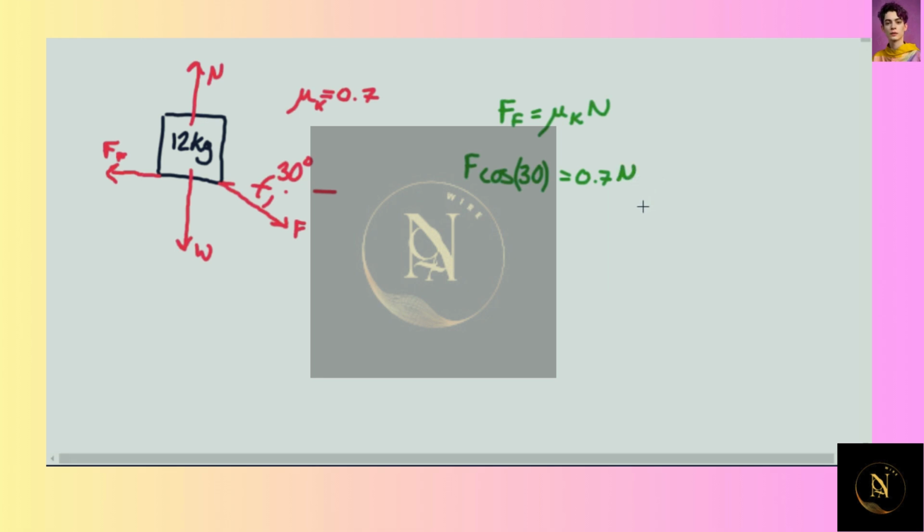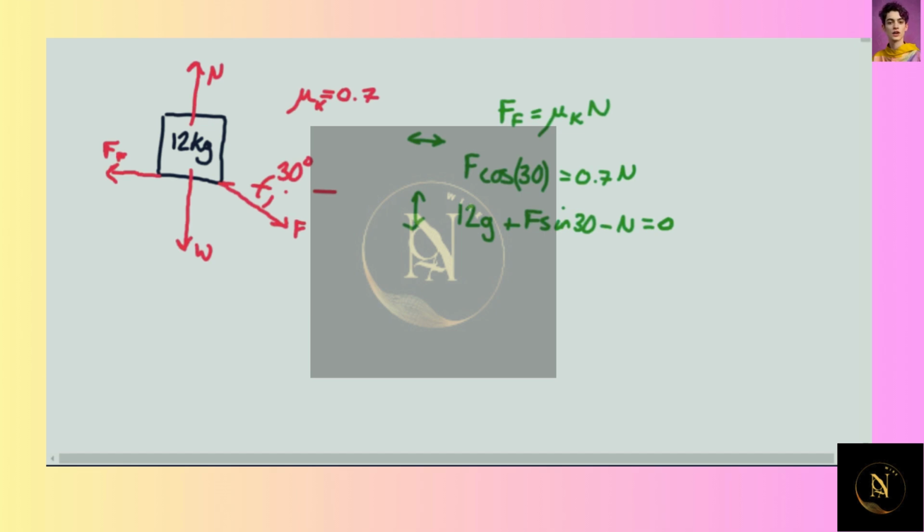What else can we say? Well, we can also draw up the conclusion that vertically, so this would be horizontally, and this is vertically, the weight of the box added to the force which we're pushing down with, which is F sine 30, subtract from that N is equal to 0. So the downward forces are balanced by the upwards forces, and hence we are not sinking into a carpet.